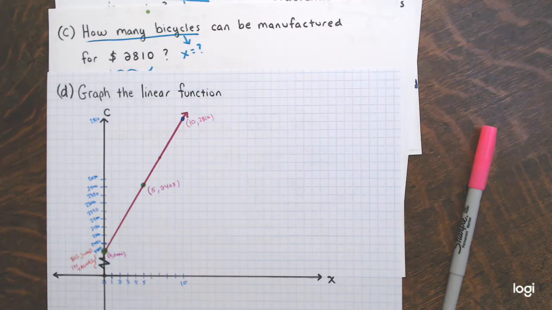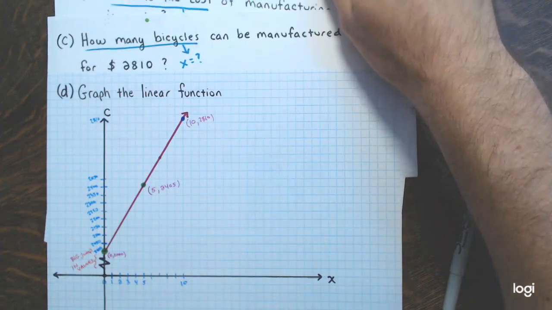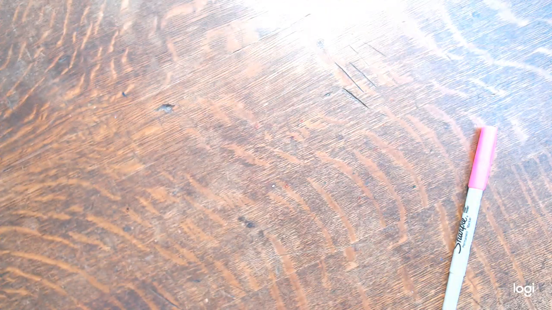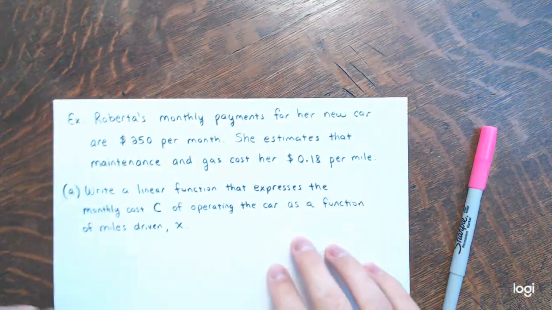Great. All right, so that's one example. And the example I have after this is kind of similar, only we're not given the model, the C of x equals ax plus b. We're still going to use that same model to go through my next example. All right, so my next example is about somebody making monthly payments on a car.